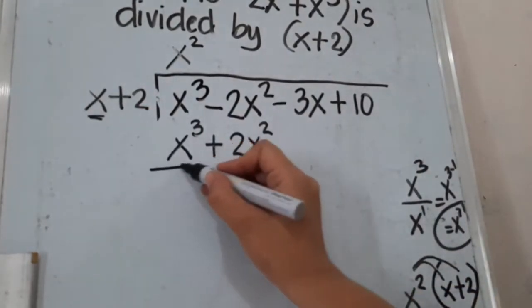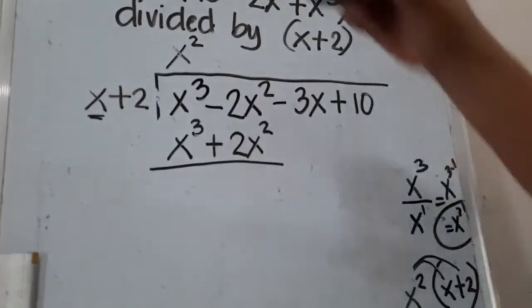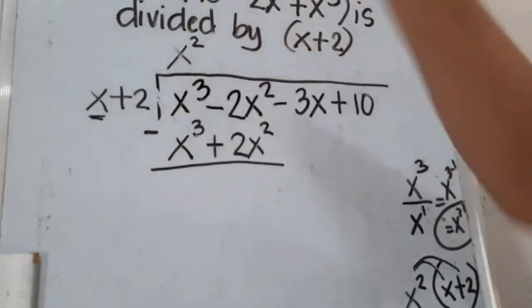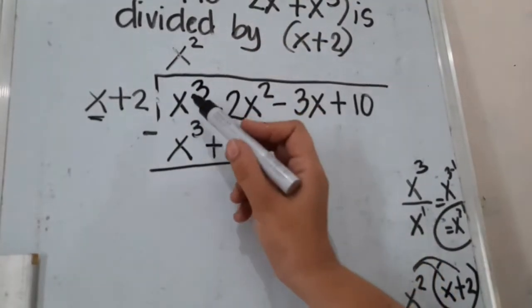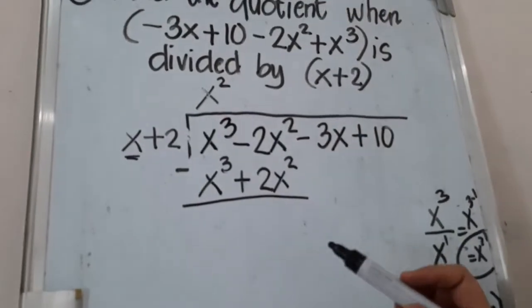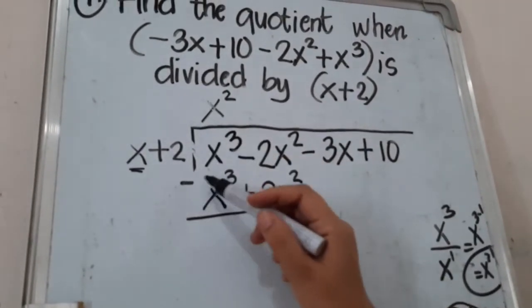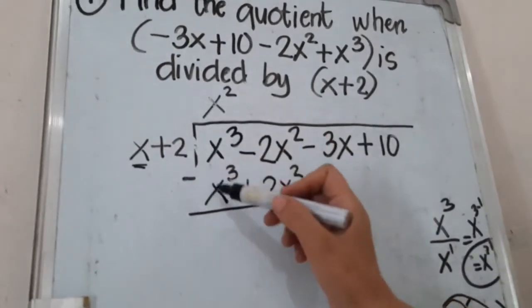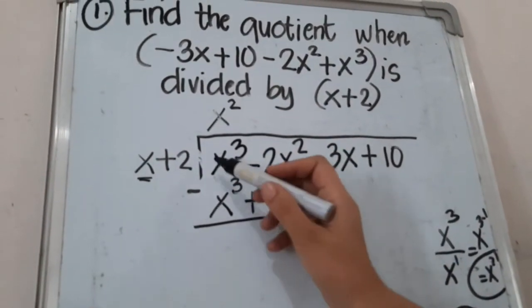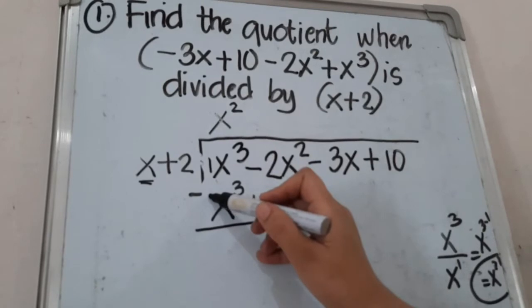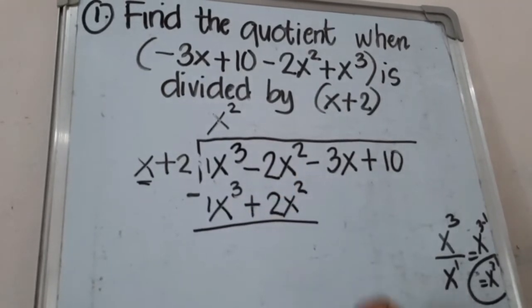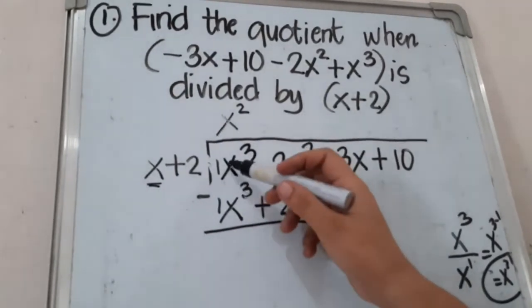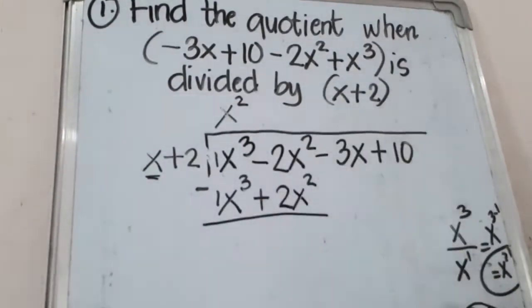After that, we subtract. We subtract and combine similar terms. So x cubed minus x cubed. Very good. Yes, that is 1x cubed minus 1x cubed. By the rule for subtraction, since they're the same, the answer is automatically equal to 0.